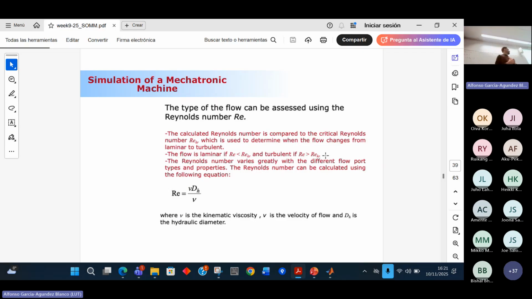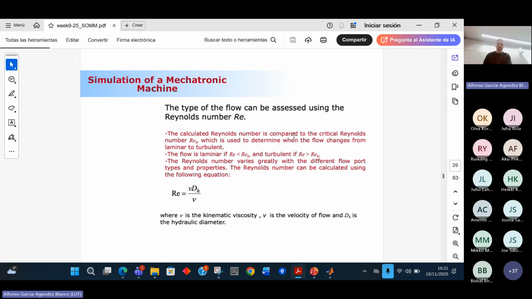Whereas if you have a higher value of the Reynolds number, you will have a turbulent flow, okay? That is shown here. The flow is laminar when the Reynolds number is lower than this critical Reynolds number, and the flow will be turbulent if the Reynolds number is greater than this critical Reynolds number, okay? That is what you need to know.